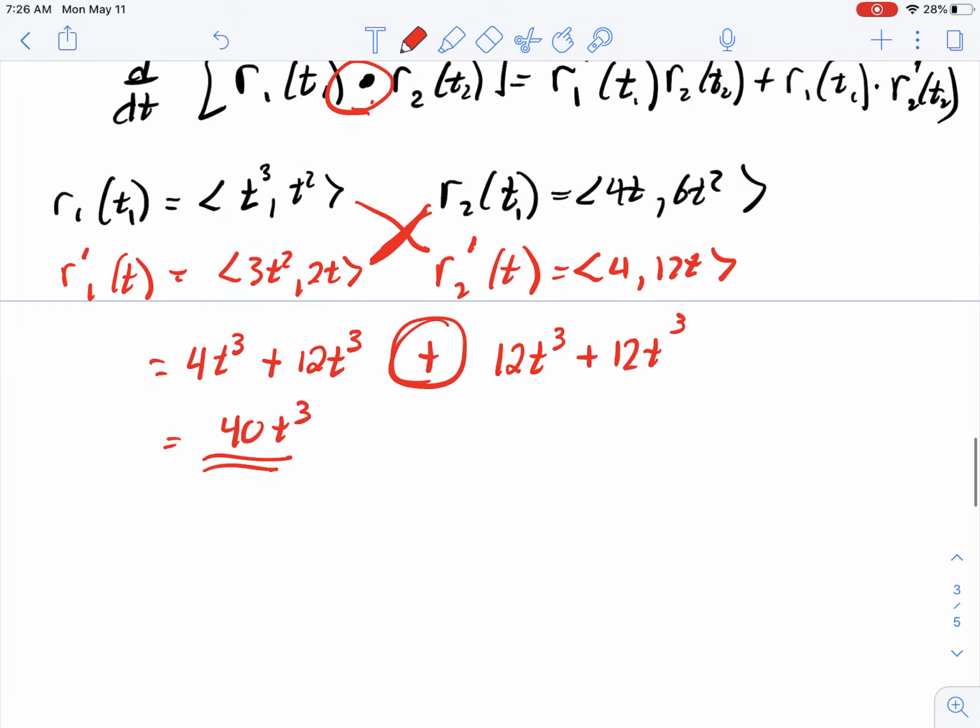All right, let's do a cross product. So d/dt of r1 of t cross r2 of t. It's kind of like the product rule here.